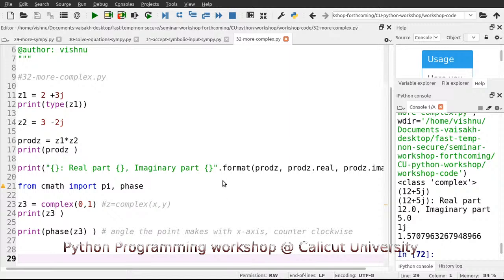Well, of course, on the other hand, you can find the tan inverse also.